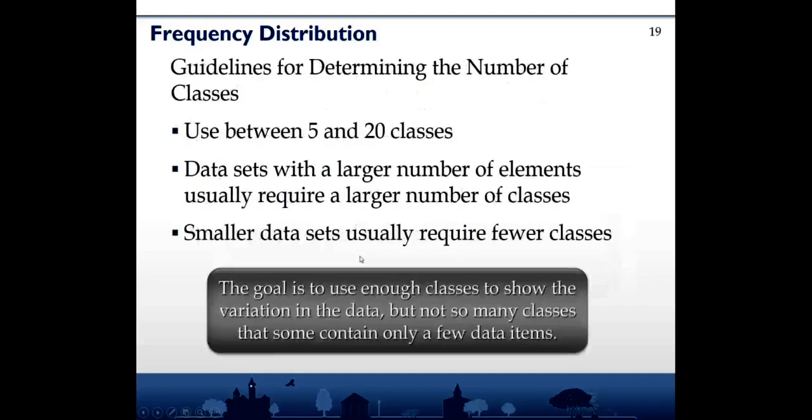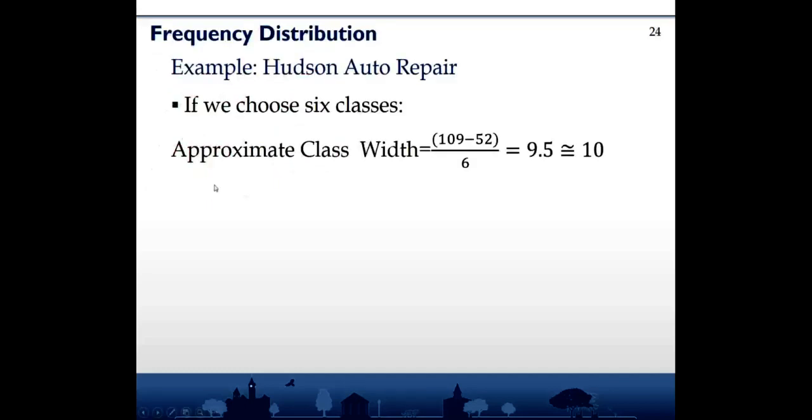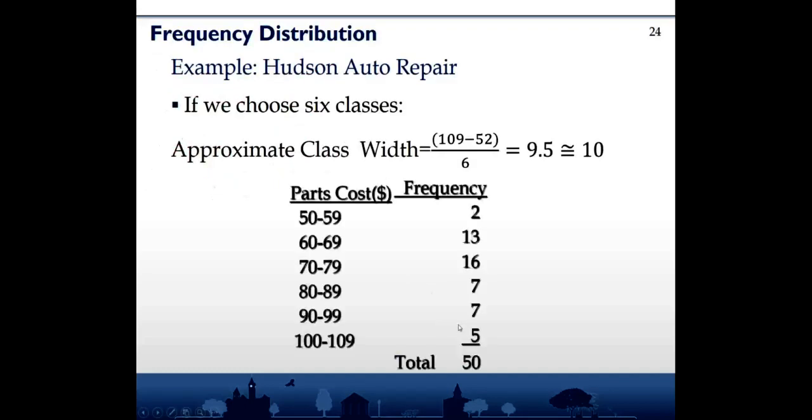We have 2. And you do this for all classes, like how many do you have in 60 to 69? You count all of them and obtain the frequency distribution. So this is the frequency distribution.